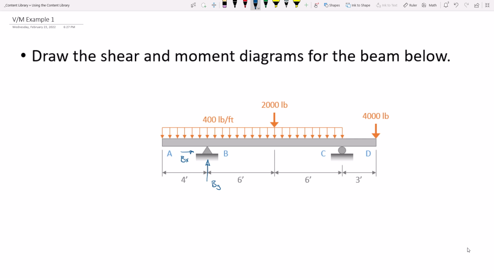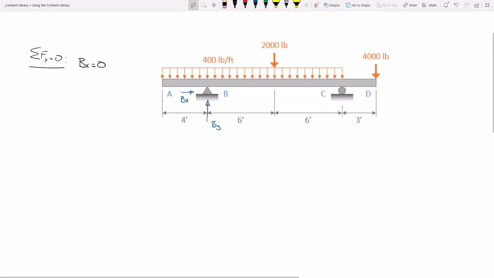Now, before we move on, what can you tell me about one of those reactions? There we go. Because if I sum forces in the x direction, there are no forces laterally on this system.